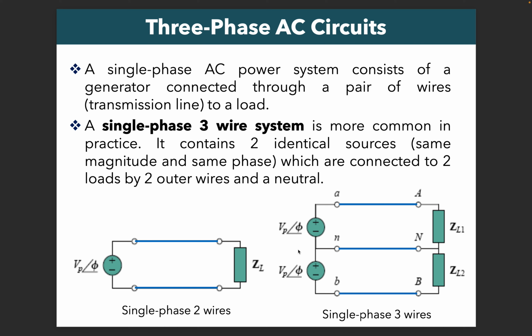That's why it's called single phase, because there is no phase angle difference. The two sources have the same magnitude and same phase, and they are connected to two loads by outer wires and a neutral. This is the neutral, and these are the outer wires.